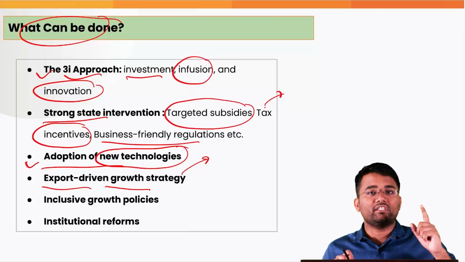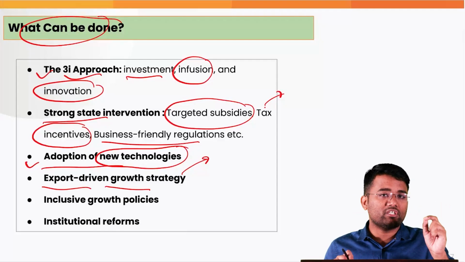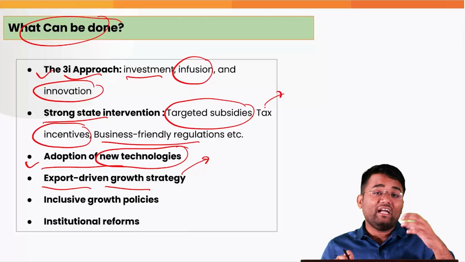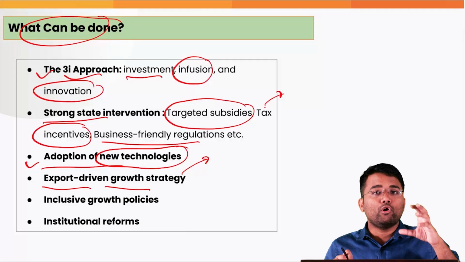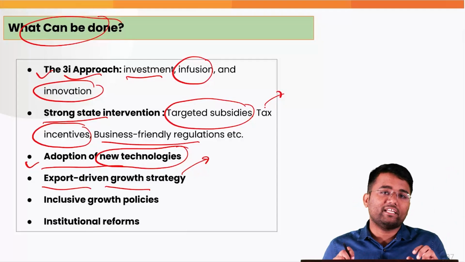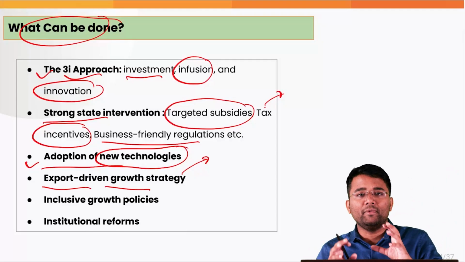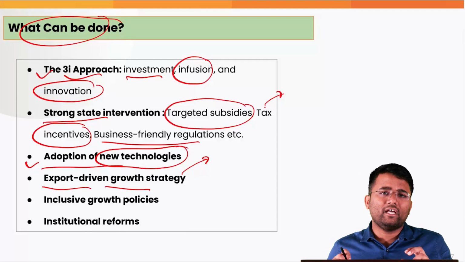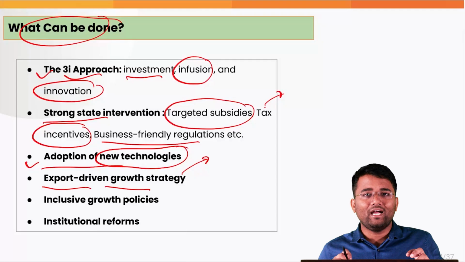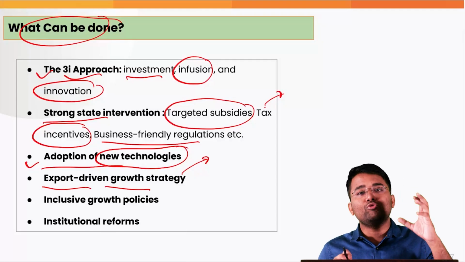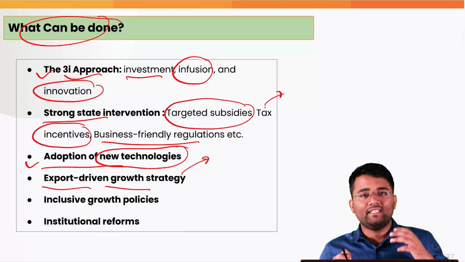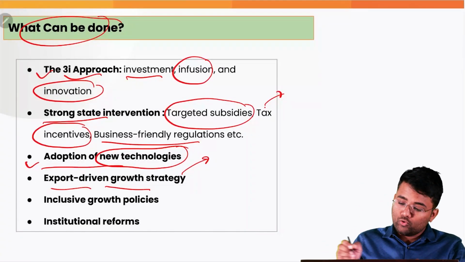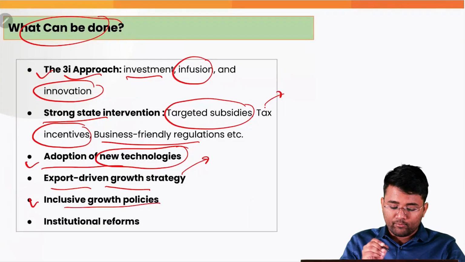For example, we need to ensure that the product is of proper quality, does not have a high shelf life issue, and is following the norms of where we are exporting. The global permissible limit with regard to the pesticides or whatever chemicals we are using, we need to follow that, so that we can build a global brand of our product, and that can actually help us in increasing our export.